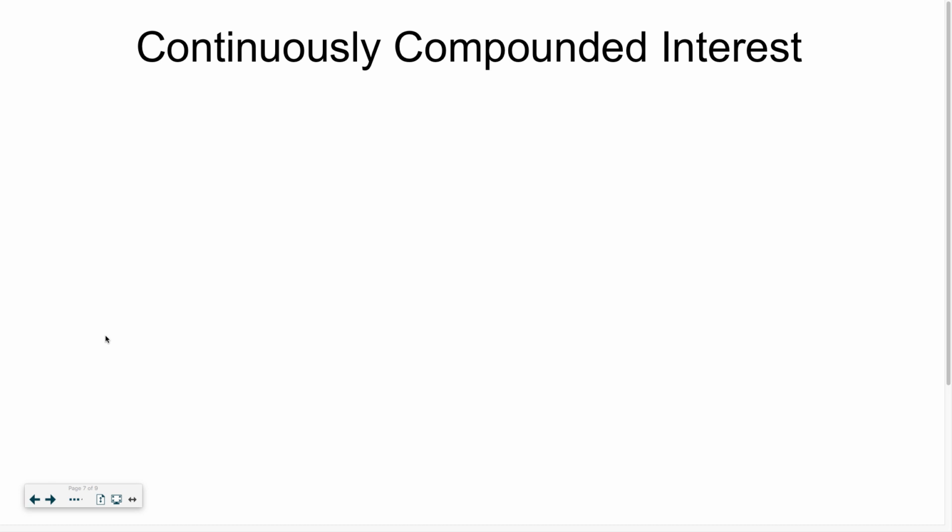If I tell you that your interest is compounded continuously, it's nonstop, it's all the time, can you give me a number for that? No. It's basically what happens when n approaches infinity, so we're going to use the number e.